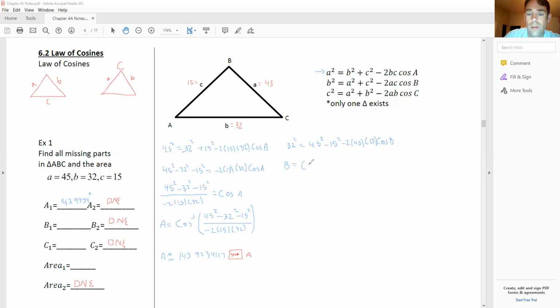So B is going to be the inverse cosine of 32 squared minus 45 squared minus 15 squared, all over the negative 2 times 45 times 15.